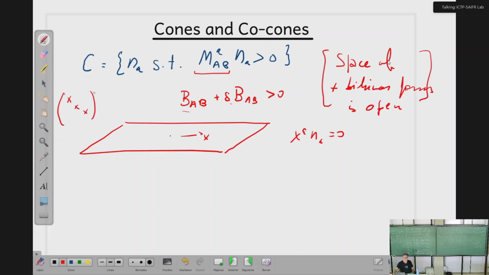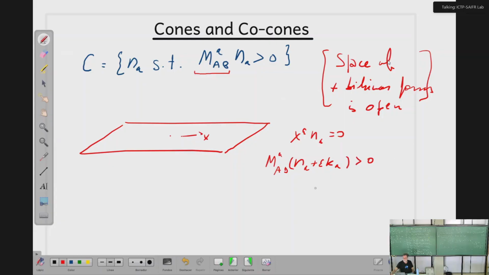So that says that if I have a surface, so an n, nearby n, so some n_a plus epsilon k_a, if I do this, will be still positive if epsilon is very small.